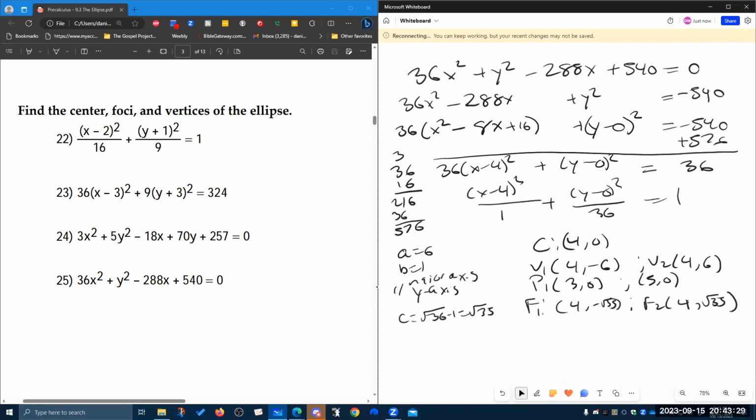And there we go. That just shows you, like I was saying in the first video, that not everything is centered at (0, 0). Sometimes we're going to have to complete the square, and things are going to get a little more interesting. Hopefully you see now why completing the square was such an important technique to learn in pre-calculus part 1. We're going to continue to use that technique throughout our sections where we talk about conics.